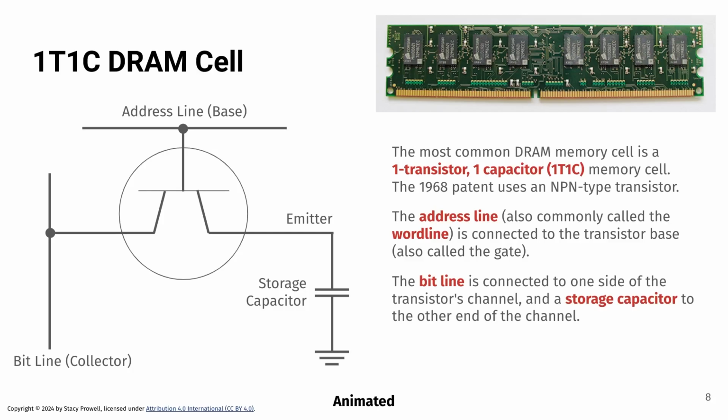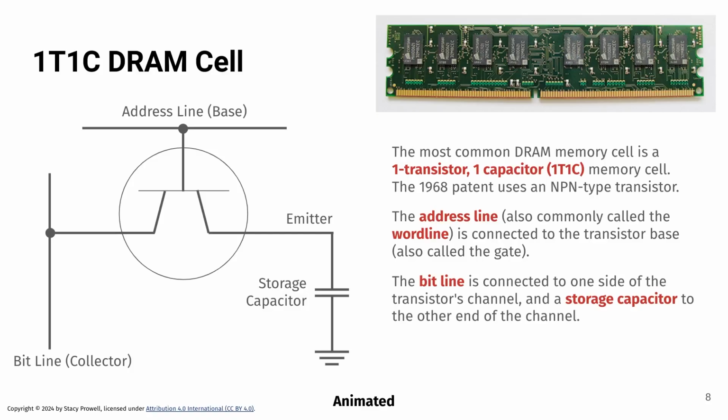You can see there's a channel that connects the collector over to the emitter, and then there's a little thing that comes down, labeled base. You can think of the base as a gate. It opens to allow charge to flow between the collector and emitter, or it can be closed to impede the flow of charge between those two.